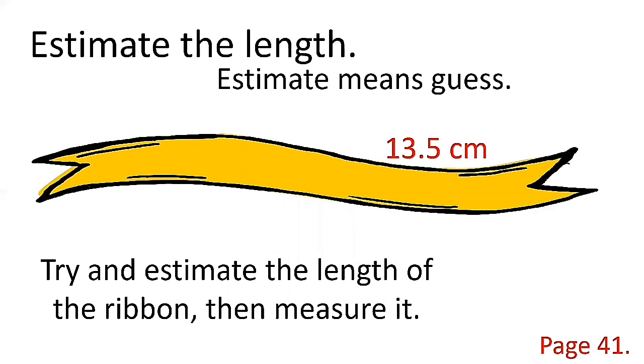You don't need to use a ruler or tape measure because you are just guessing by your mind. You're just thinking, for example, the length of this table is just 20 centimeters. Okay, you're just guessing or estimating.